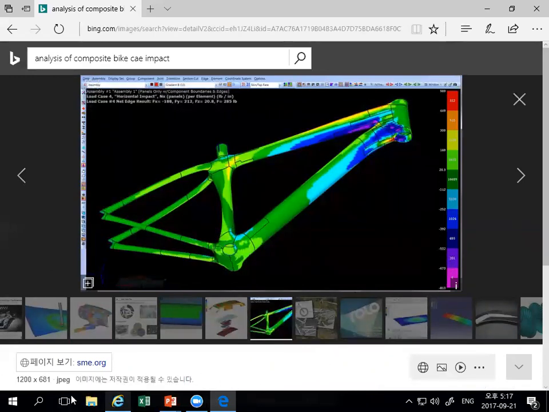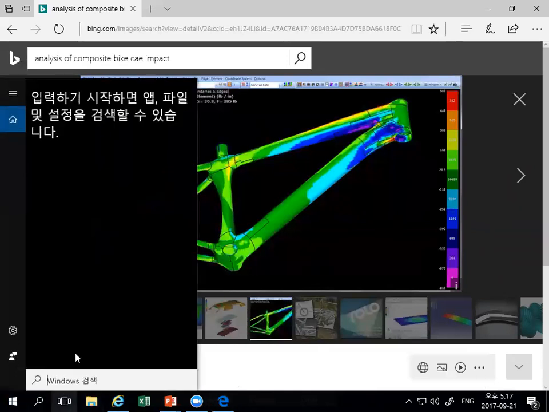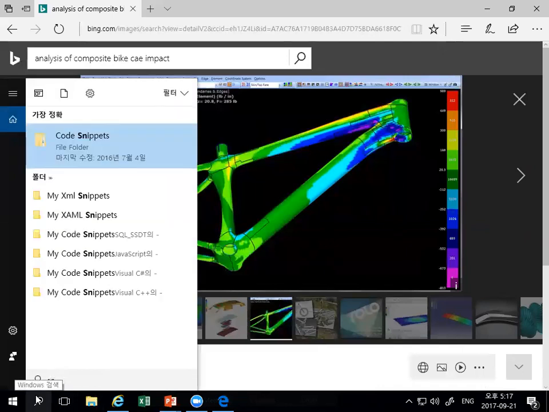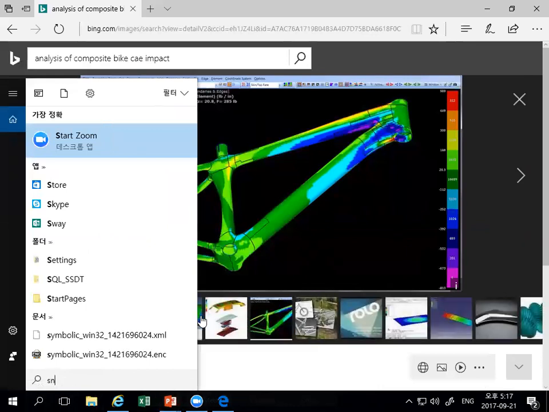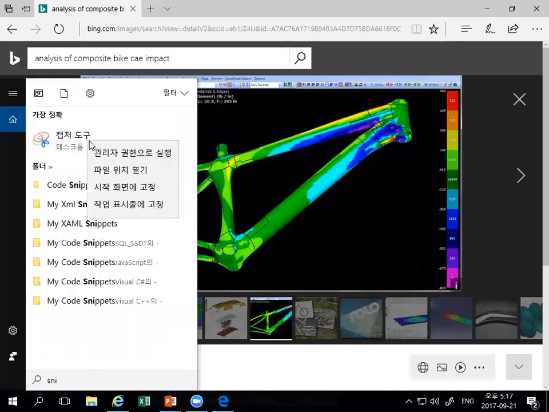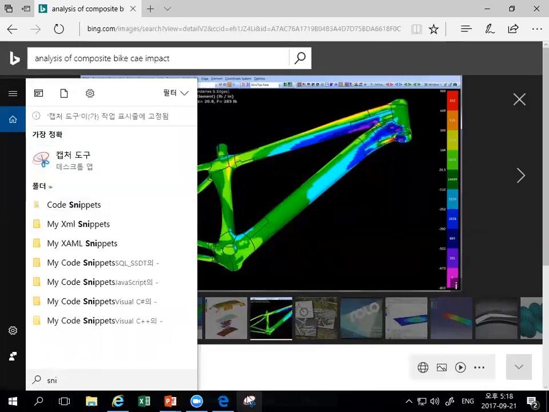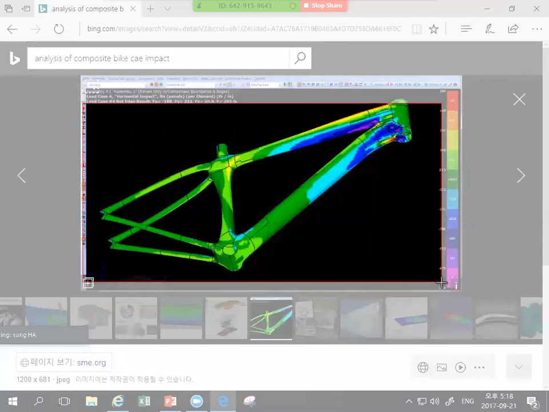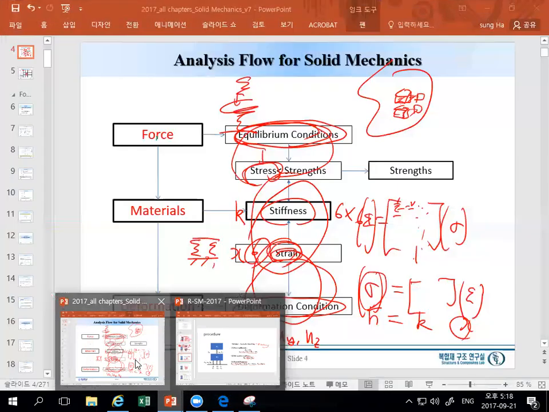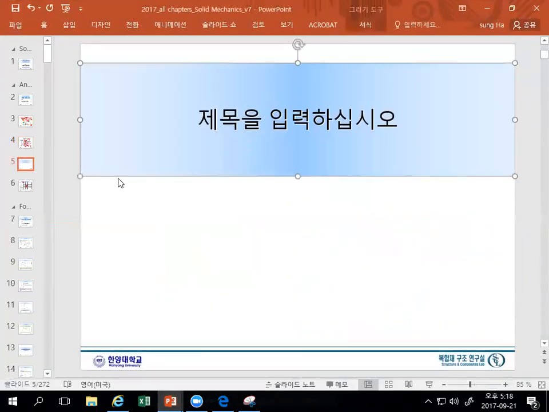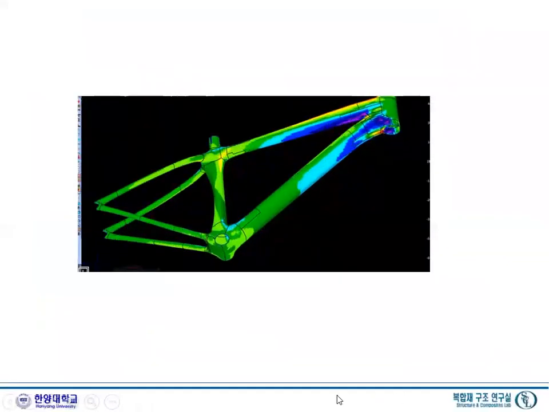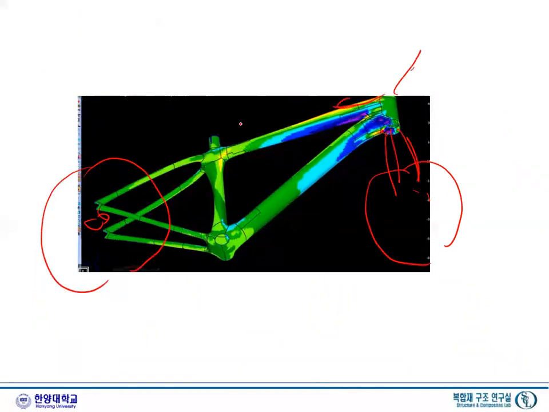And this is the wheel here, right? And there we have a fork and front wheel and handle here. And there's a seat.